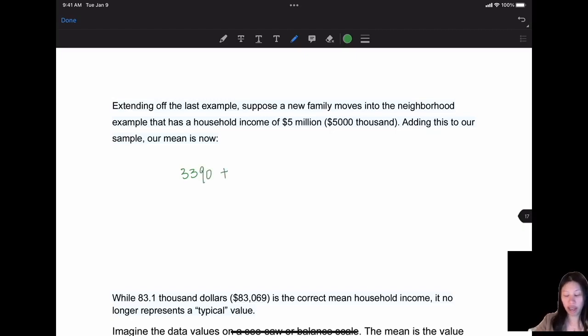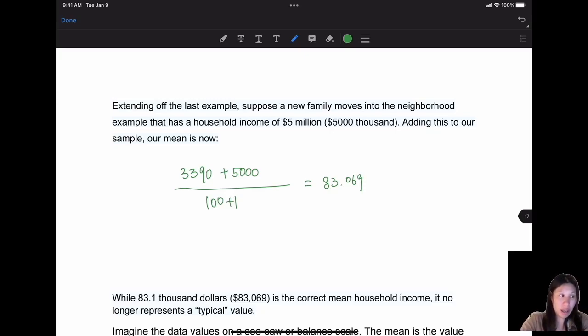Now you need to add 5,000 thousand on top of it. And now you no longer divide by 100. You're going to divide by 100 plus 1, because now you have 101 families in that neighborhood. So the mean is going to be 83,000.69.